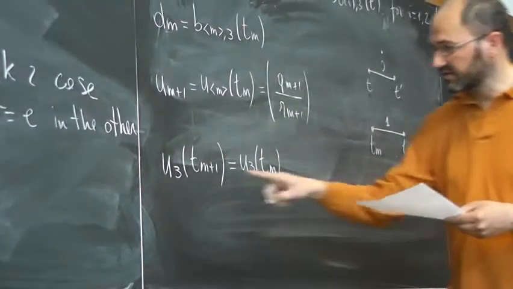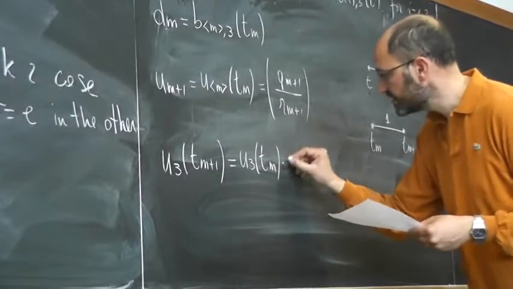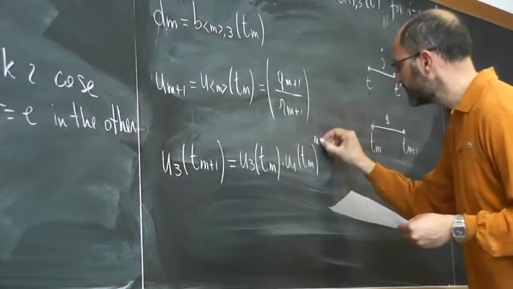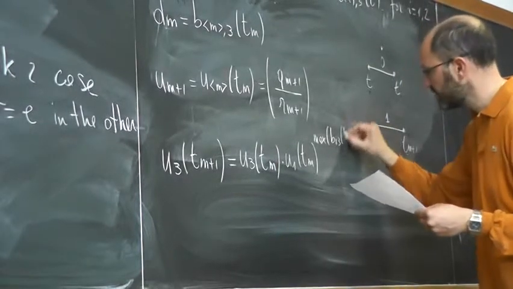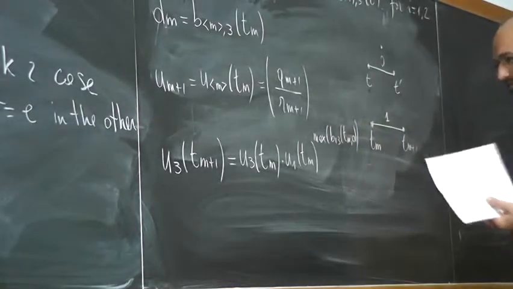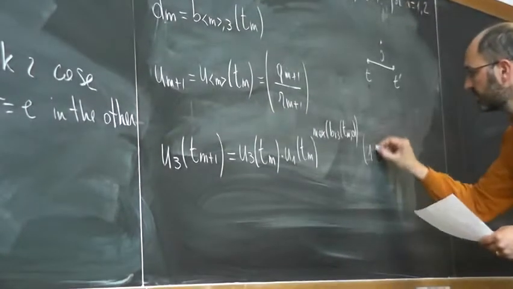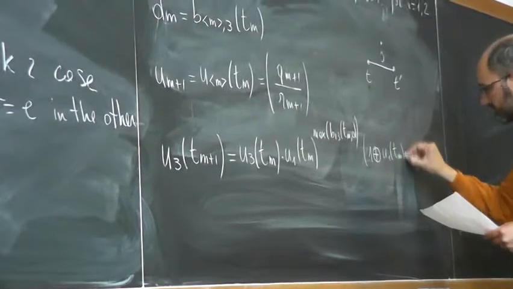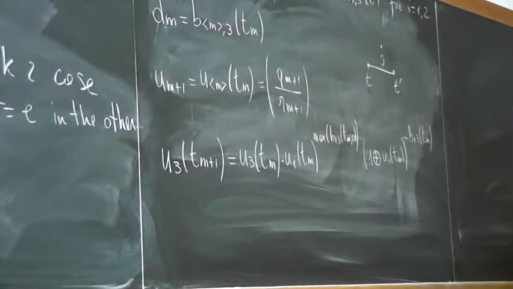So in this case the relation is u3 of tm plus 1 is u3 of tm times u1 of tm to the maximum between b13 of tm and 0, times 1 plus u1 of tm to minus b13 of tm.